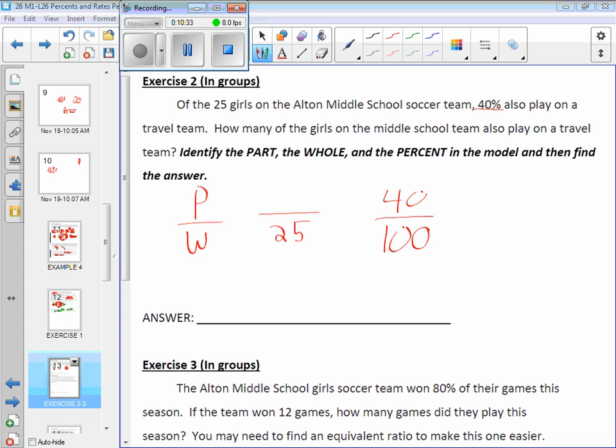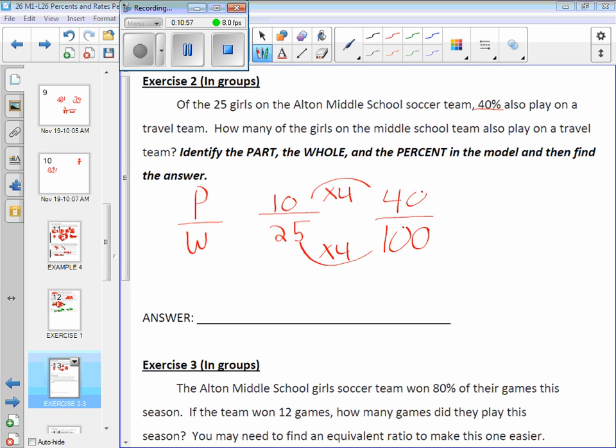And in this case, what are we trying to find, everybody? Say it out loud. Part. The part. Do we need to scale down? No. All right, make the connection and do it. So then 10 times 4 equals 40. Everybody get 10?